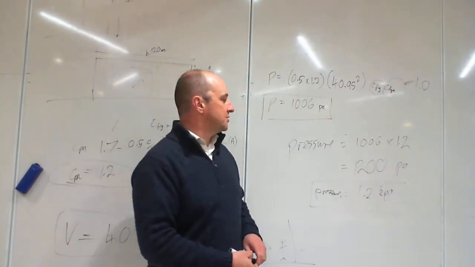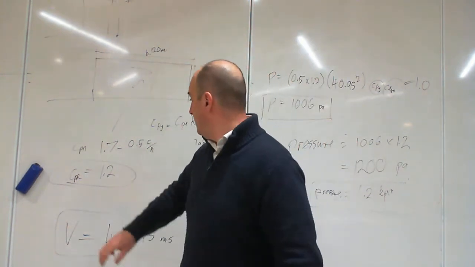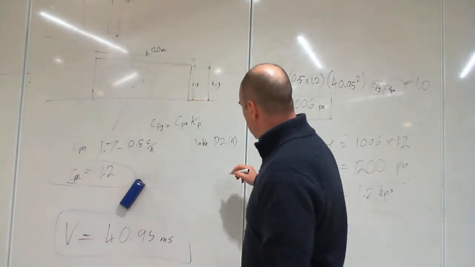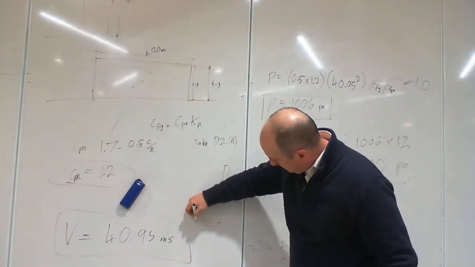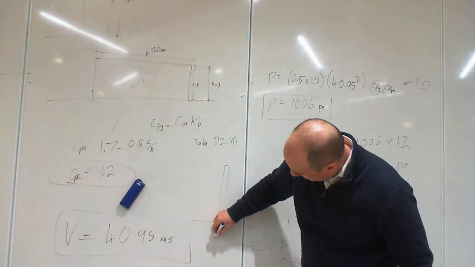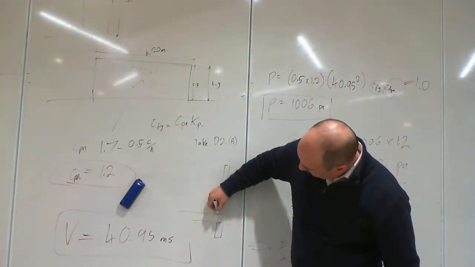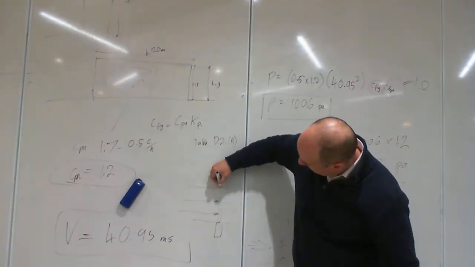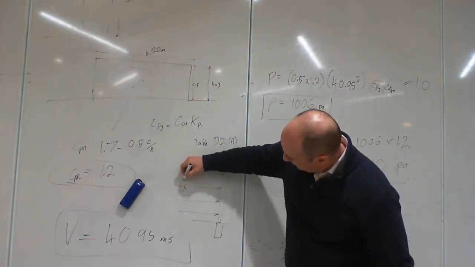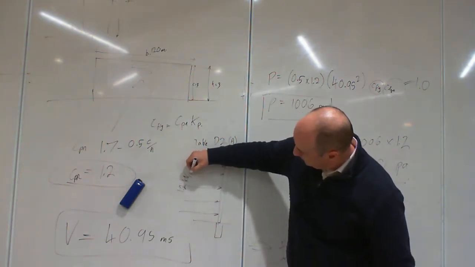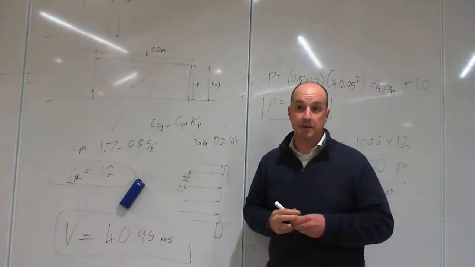Okay? So if we take a 1 meter wide strip of wall, there's the ground, there's our footing there, we are going to have a load of 1.2 kilonewtons per meter. Alright?